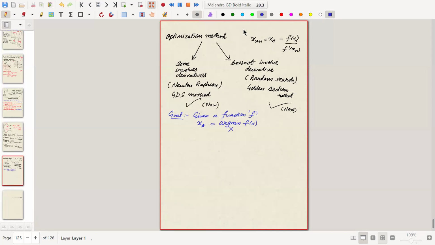Of course, what first shall we do? First, we should take an initial guess. That's the very first step. So begin with an initial guess, say x0.